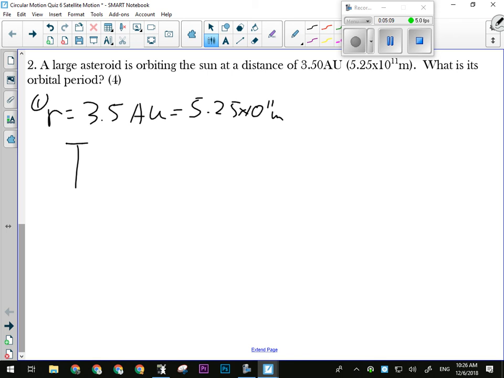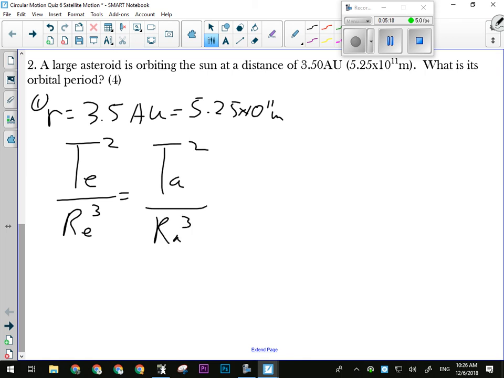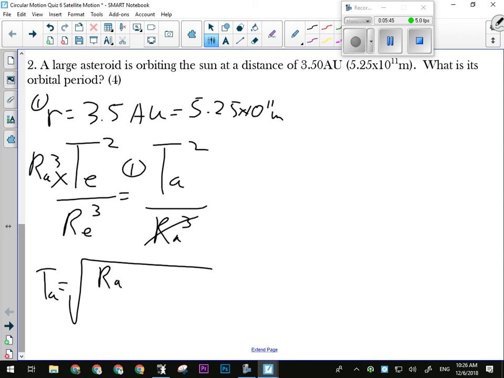If they're solving it with Kepler, then we go period of the Earth squared over radius of Earth's orbit cubed equals period of the asteroid squared over radius of the asteroid's orbit cubed. That can be their second mark for identifying they could do it that way. We are solving for the period of the asteroid, so we would multiply both sides by the radius of the asteroid cubed. If they have that manipulation or they just have the numbers plugged in, that's fine. So the period of the asteroid will equal the square root of the radius of the asteroid's orbit cubed times the period of Earth squared divided by the radius of Earth's orbit cubed.